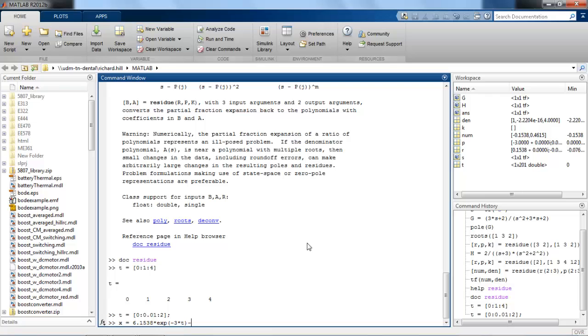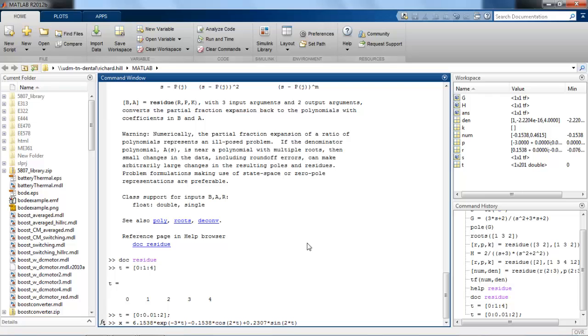We then had a term for a cosine with a coefficient of negative 0.1538, cosine of 2t, and then we had a coefficient of 0.2307 multiplying the sine term.